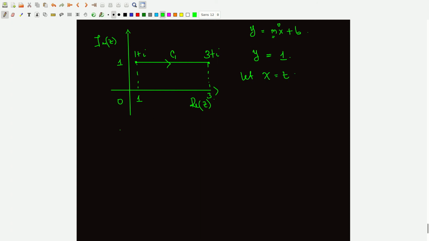Now integrating over C1 of f of z dz is going to be the integral over C1. f of z we say is z, because we said f of z is z. So it is going to be the integral where t ranges from 1 up to 3 of f(z(t)).